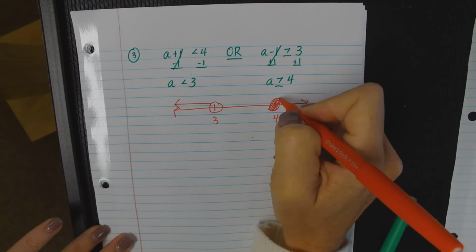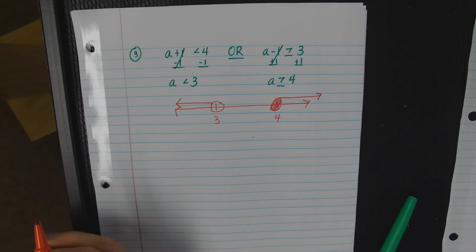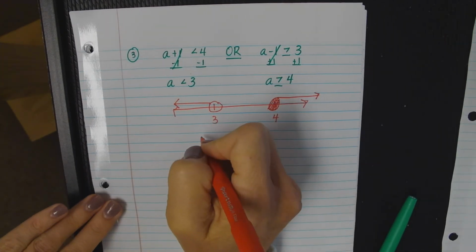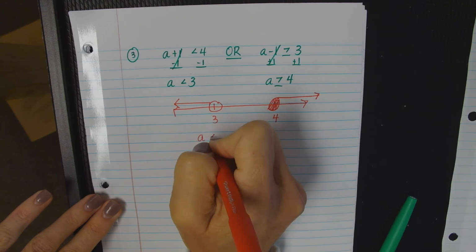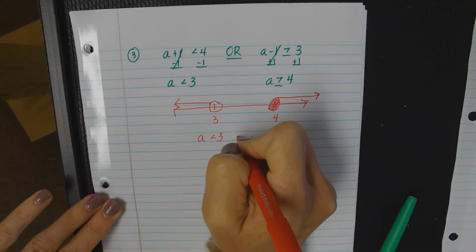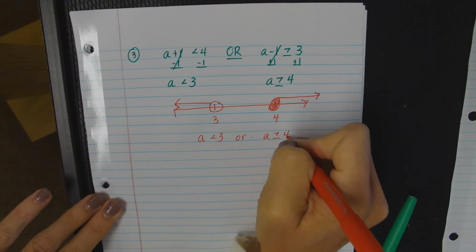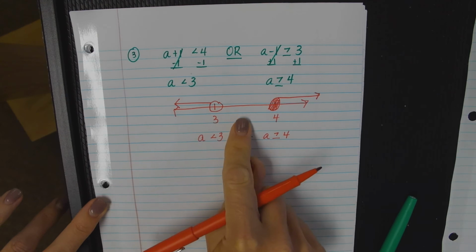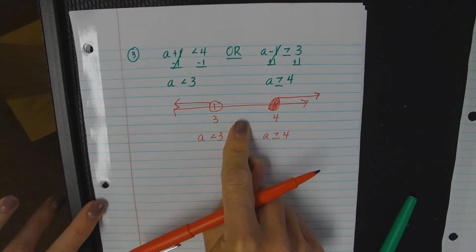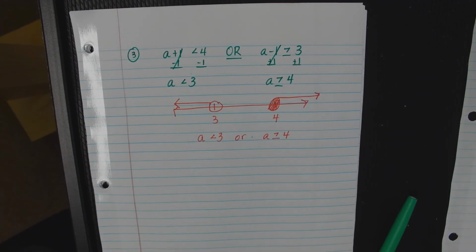A is greater than or equal to 4, so I'm going to the right. So the set would be A is anything less than 3, or A is greater than or equal to 4. Why is it or? Nothing in the middle. Like if I said 3.5, it's not going to work. Do you see how it's open? That's what I was trying to show you.